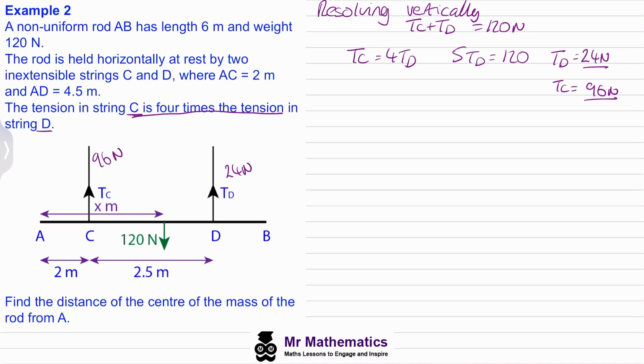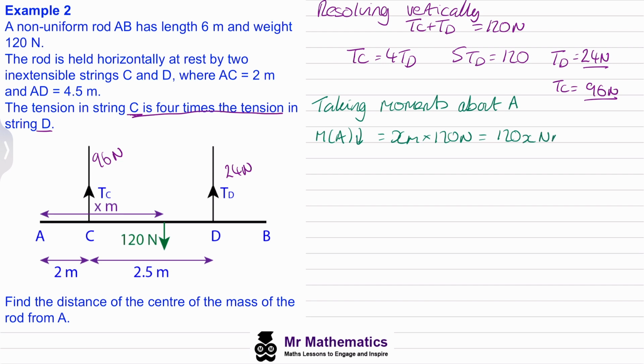Now we need to look at taking moments. I'm going to take moments about A, because then this will allow me to find X. The clockwise moment from A will be X meters multiplied by 120 newtons, which gives a moment of 120X Newton meters.